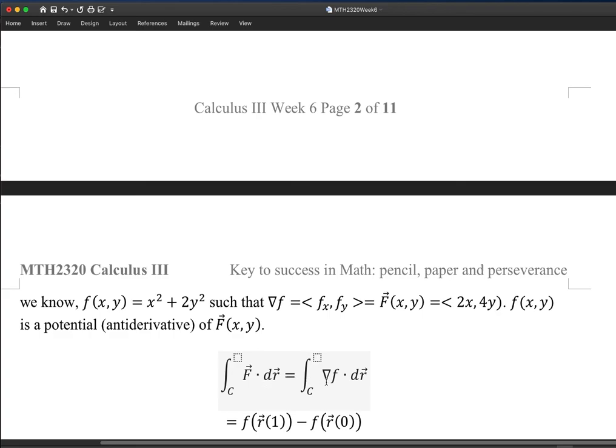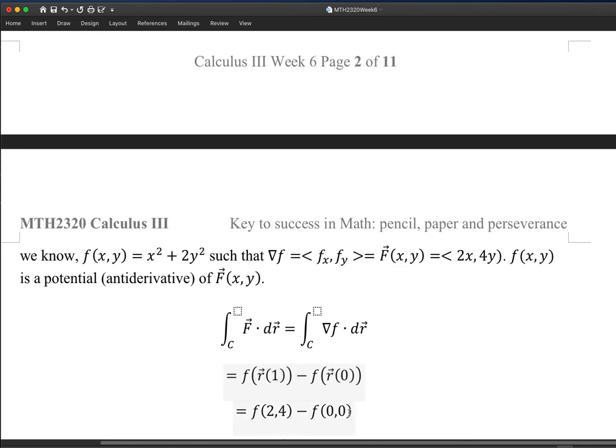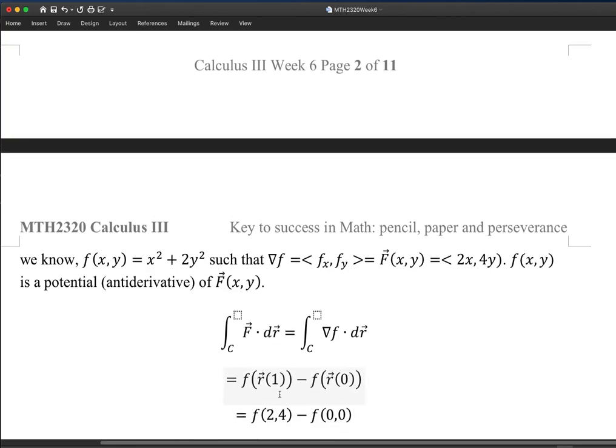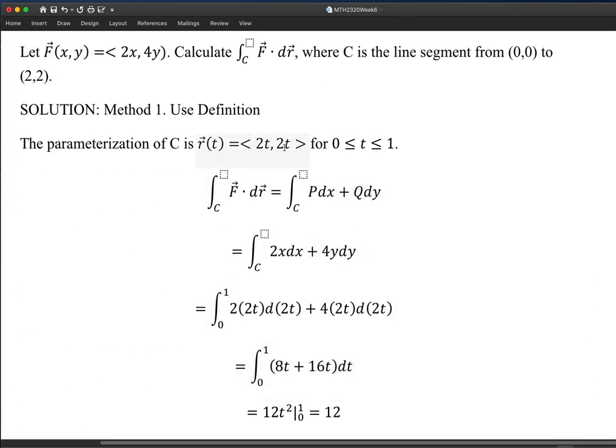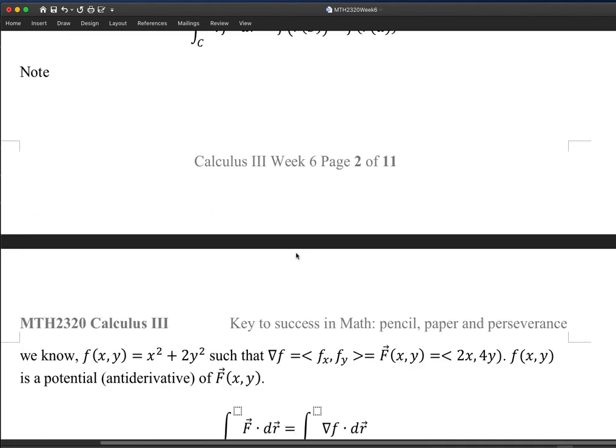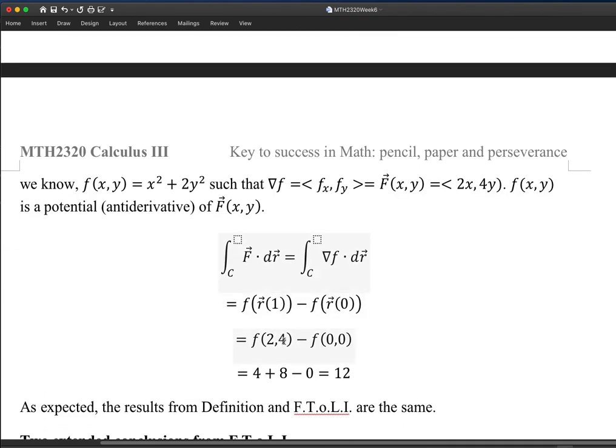F dot dr is the gradient dot dr, so it is the difference of the potential function at the upper bound, t equals 1, and at the lower bound. At t equals 1, because the curve is given as (2t, 2t), the point is (2, 2). I think I just figured out this really should be 2 and 2. Let me see.